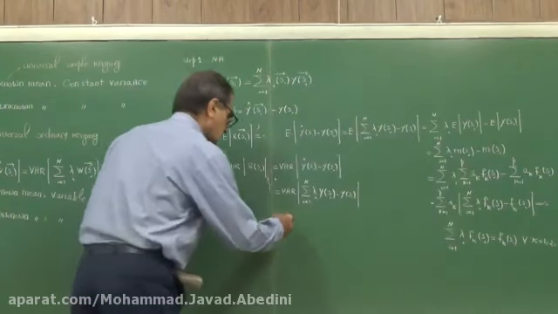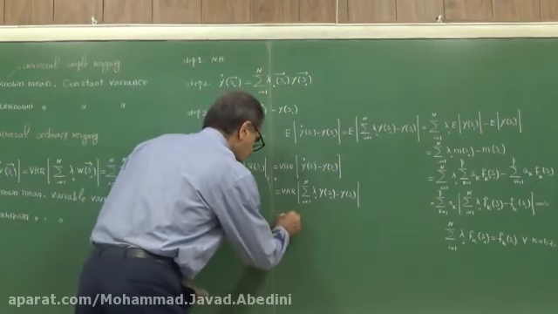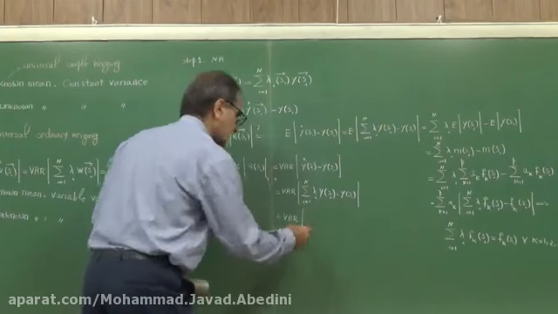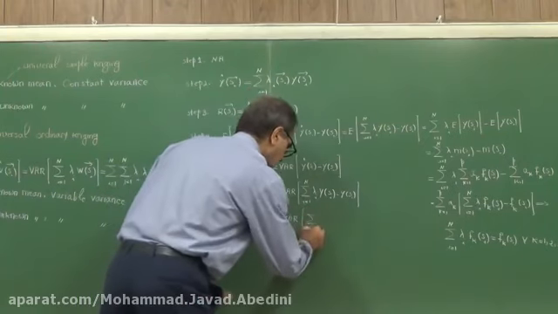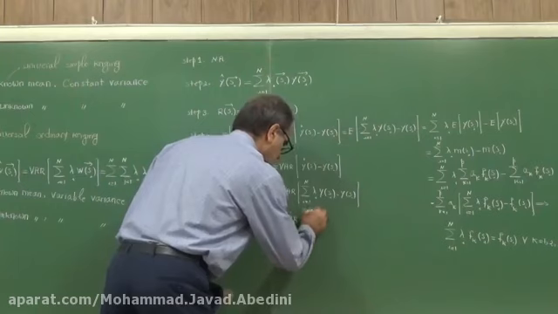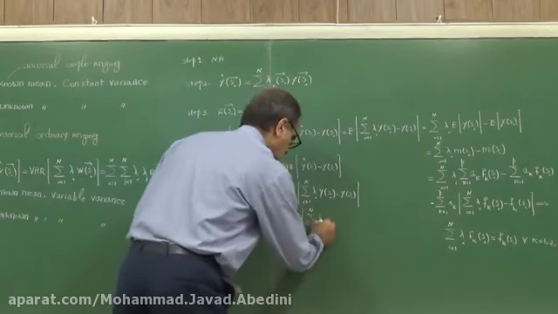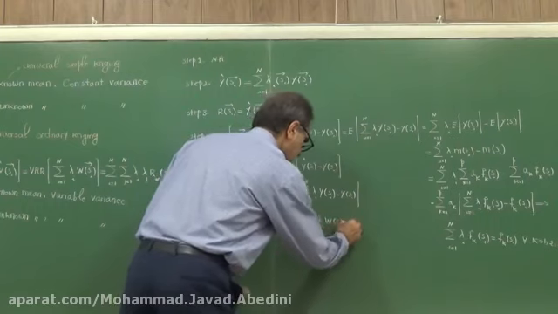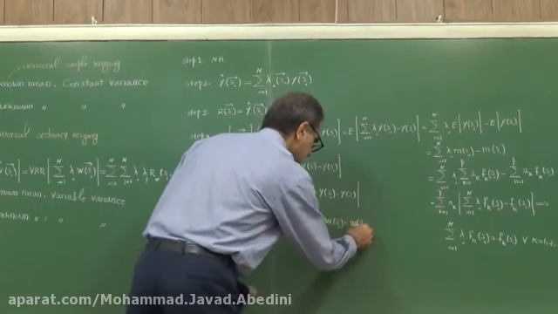Therefore, if you do this, sooner or later you will have summation i from 1 to n, lambda i, w at s_i minus w at s0.